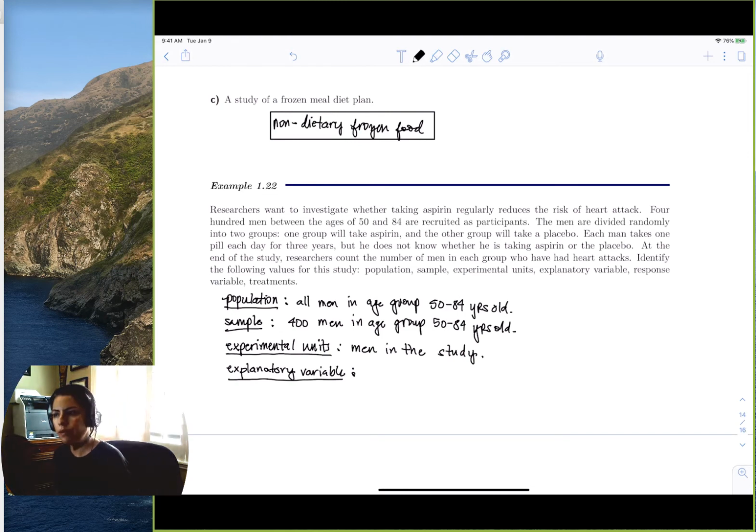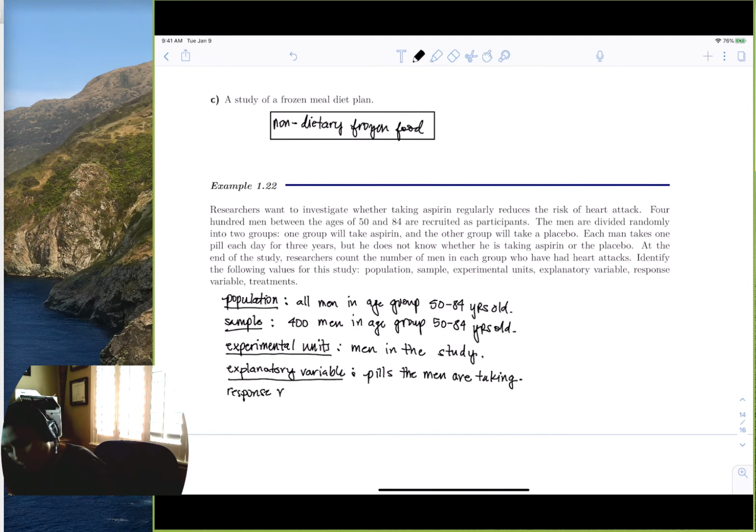So the explanatory variable would be the pills the men are taking, because remember, some of them will have the placebo. So this means that the response would be what? What is going to be the response variable? What is going to happen if they take an aspirin for 3 years? Right? The number of heart attacks.